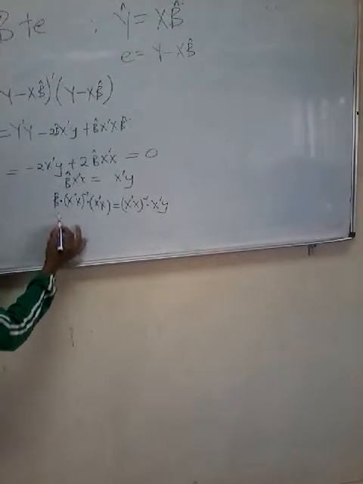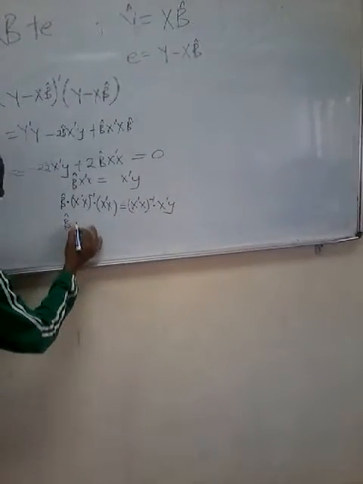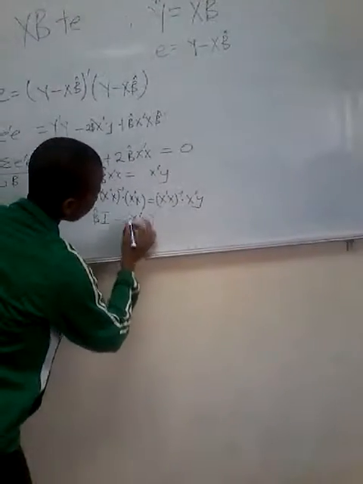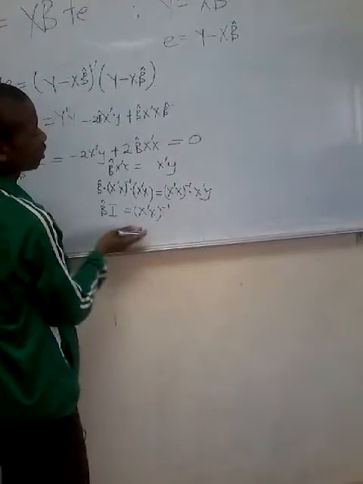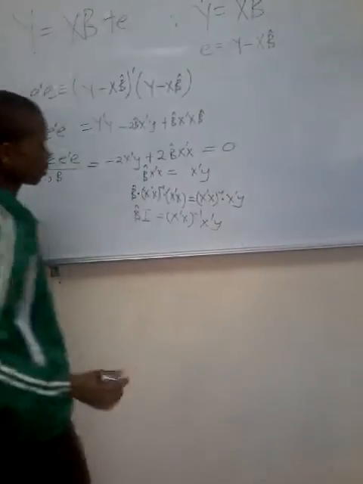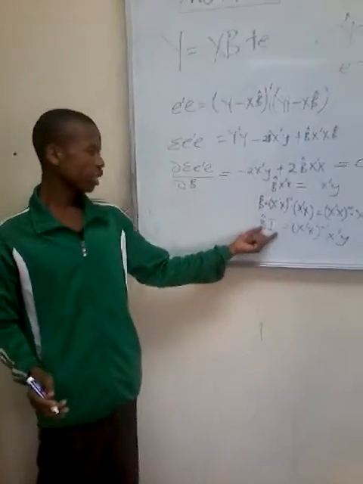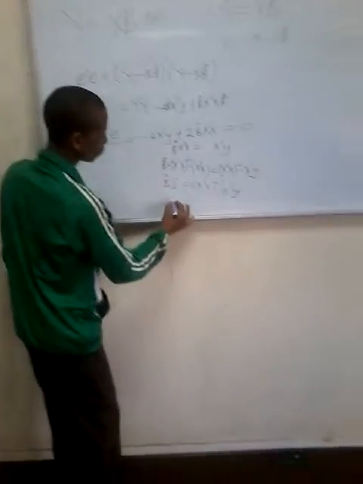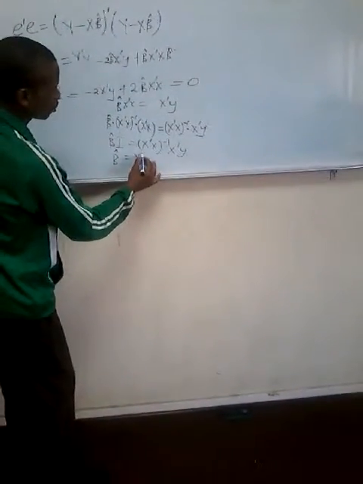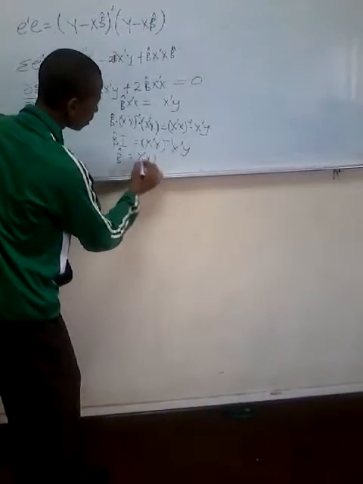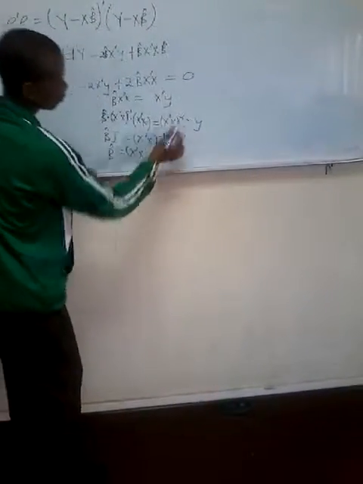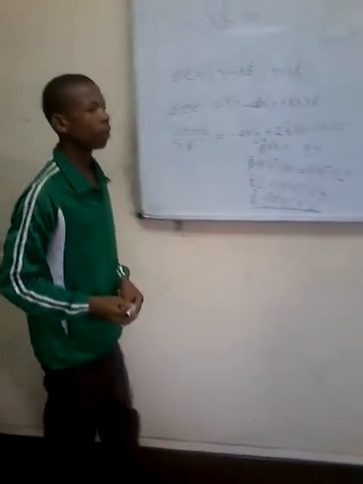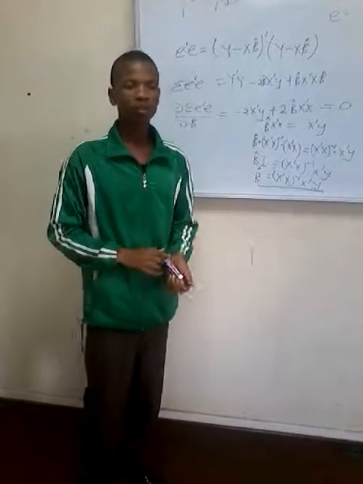So here we get beta hat multiplied by the identity, which is equal to X prime X to the power negative 1, meaning an inverse, multiplied by the transpose. Whenever a certain matrix is multiplied by an identity, it remains the same matrix. So here we get our beta hat equal to X prime X inverse multiplied by X transpose y. And this is actually our beta, which is a column vector of parameters.